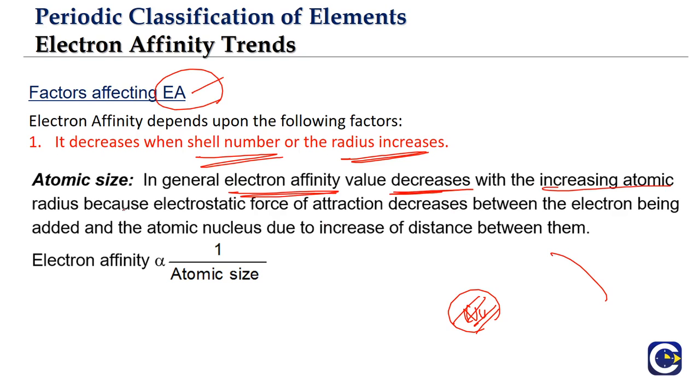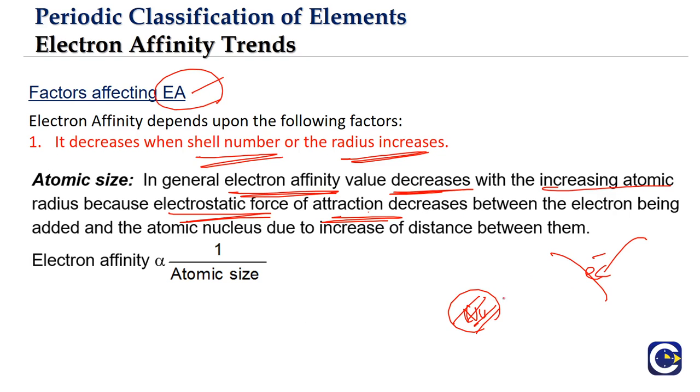Why? If the outermost orbit is farther, any electron coming into that outermost orbit will have less electrostatic force of attraction. So the nucleus will not be able to attract that electron much. Since the radius is increasing, the electrostatic force acting on the electron coming into the outermost shell will be lesser.